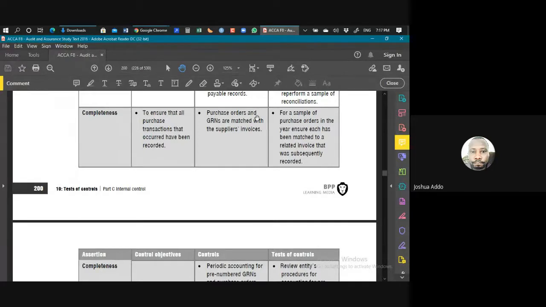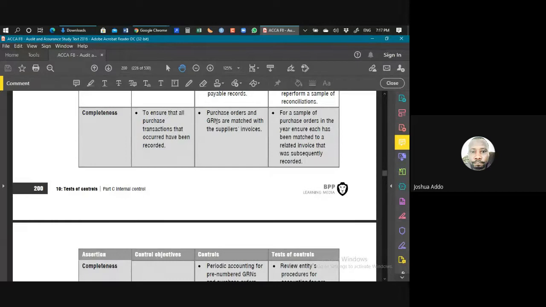Purchase orders and goods received notes are matched with the supplier's invoice. Some of them are repetition from previous ones, but they achieve two things. So it's the same control achieving two things. When we match the GRN, the GRN is a representation of the goods we have received.